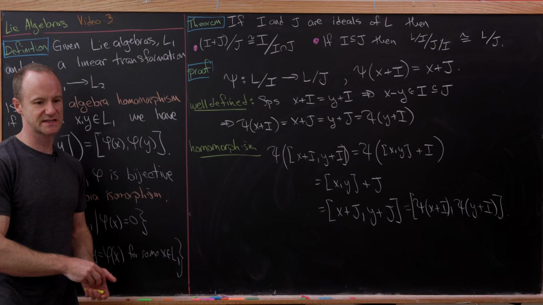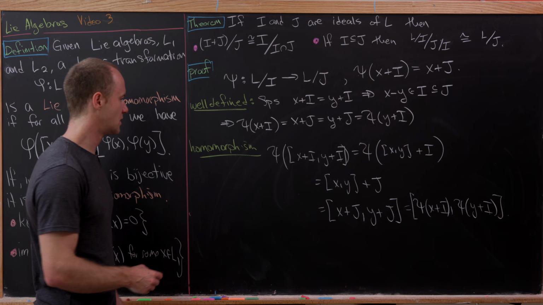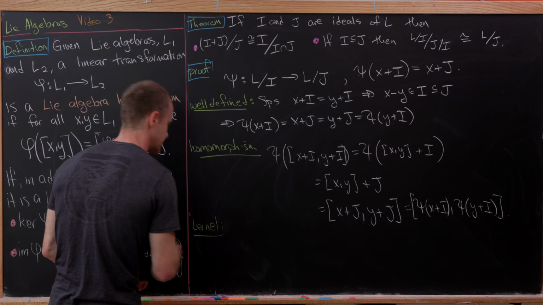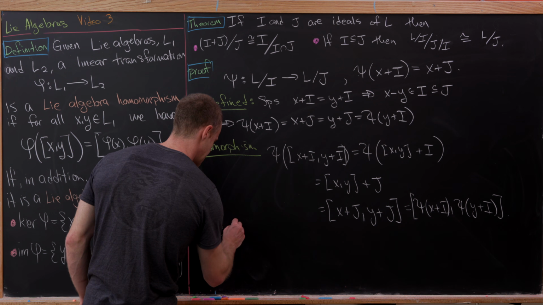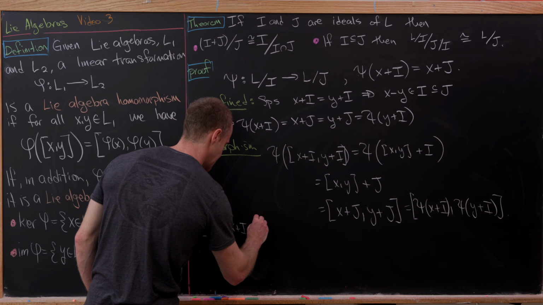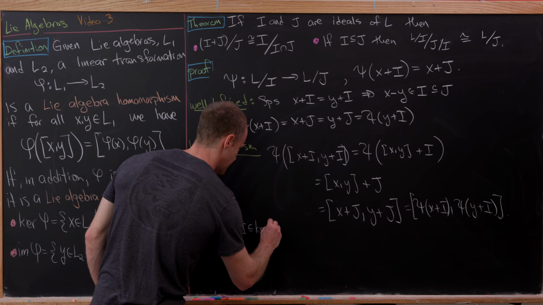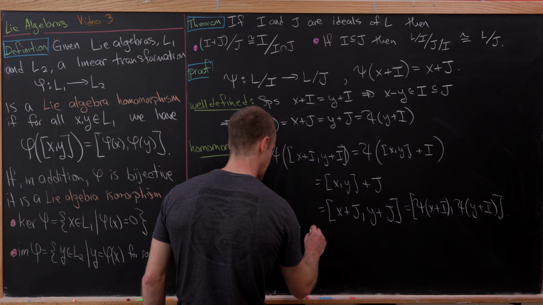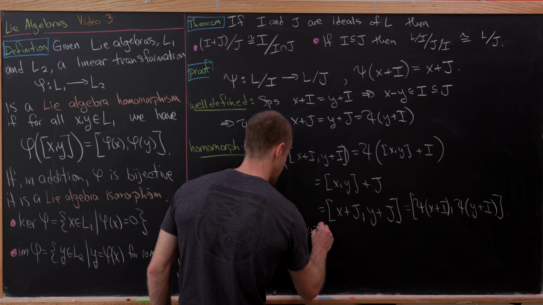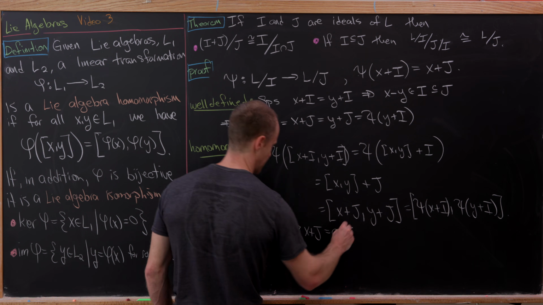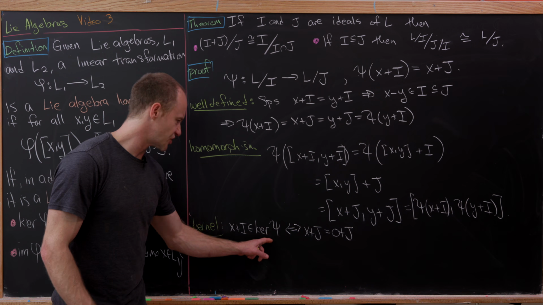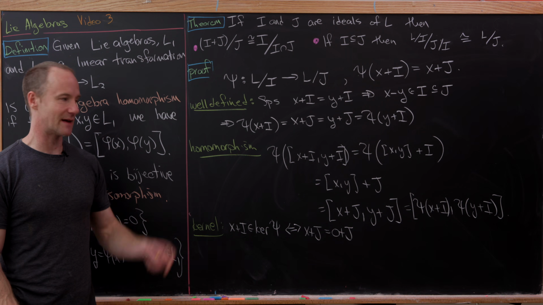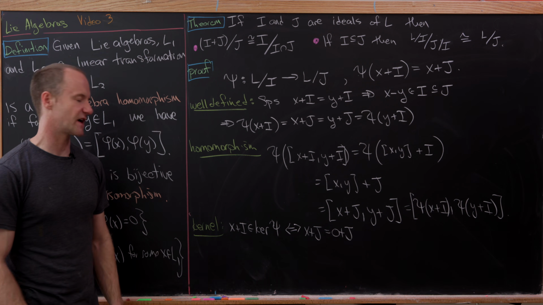Okay, so now let's see about the kernel. So maybe we can fit that in right here. Let's note that x plus I is in the kernel of psi if and only if we have x plus J equal to 0 plus J. That x plus J is just psi evaluated at x plus I. So in other words, psi maps that thing to the 0 vector inside of the quotient.